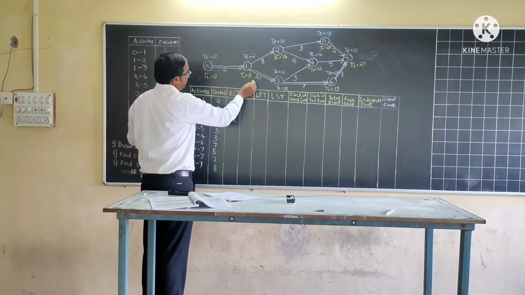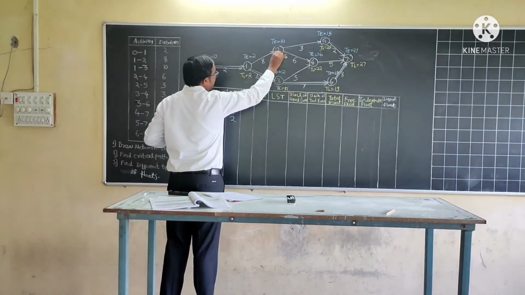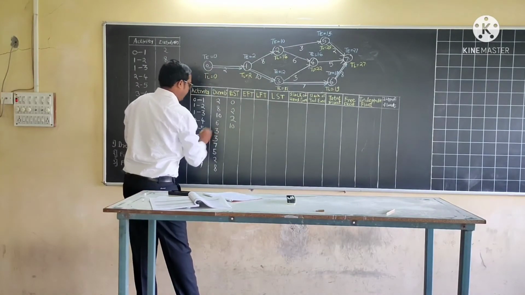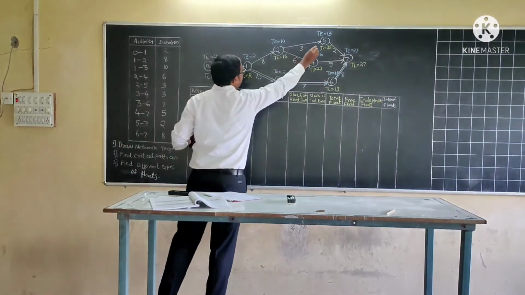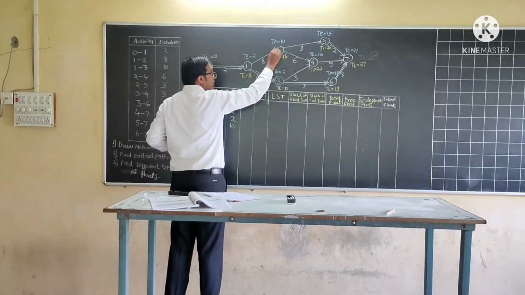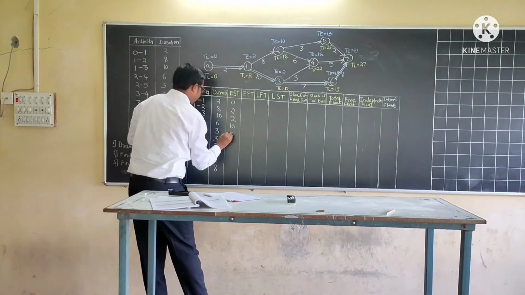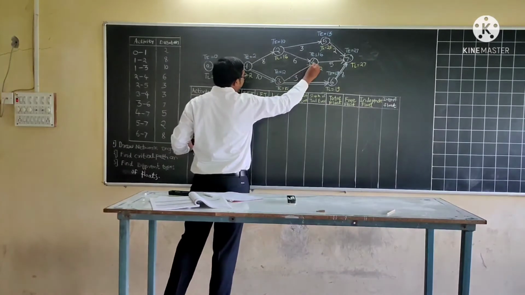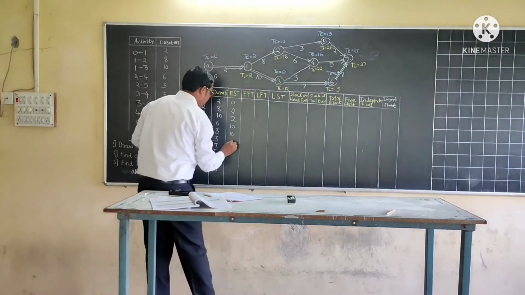Now 2 to 4. The starting activity is 2, consider the TE value 10. Again activity 2 to 5, starting activity is 2, therefore consider 10. Now 3 to 4, the starting activity is 3, consider 12.